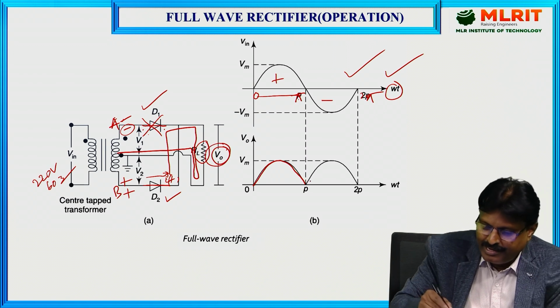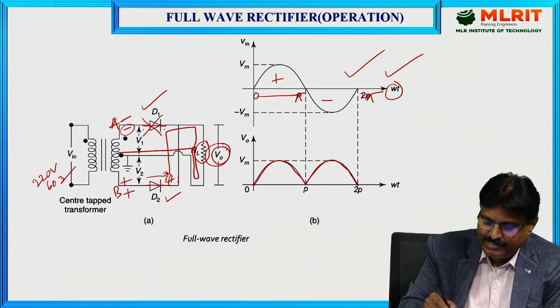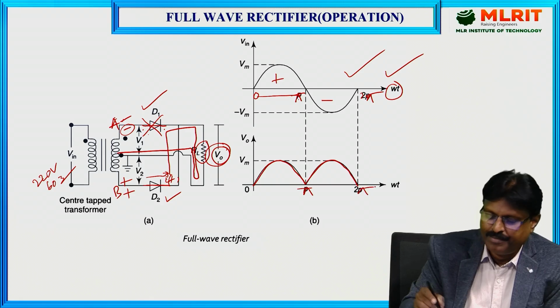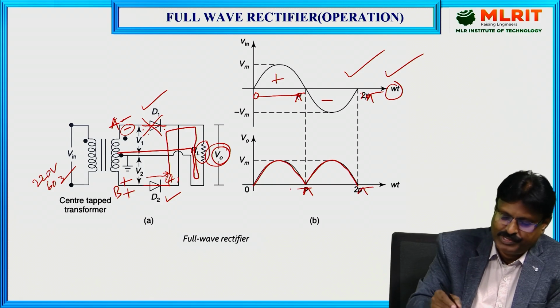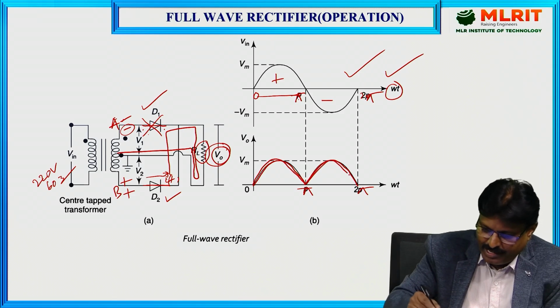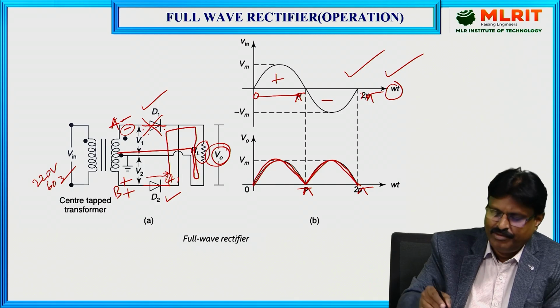So that's why during the negative half cycle of the input voltage also, we are able to observe an output voltage. Here on the axis we can write pi and 2 pi. In the positive half cycle the voltage is developed, and during the negative half cycle also the voltage will be developed. Whereas in the half wave rectifier we did not observe this.